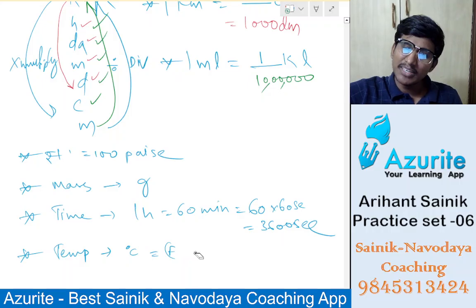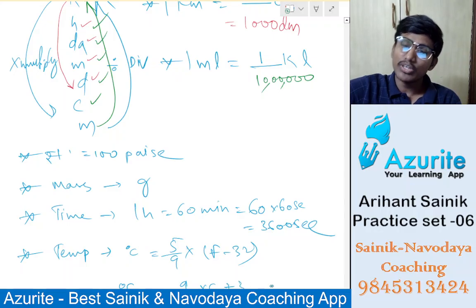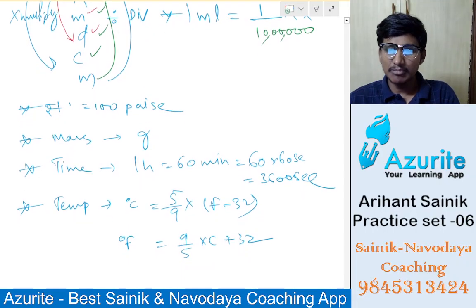You multiply 5 by 9 at the start. So 5 by 9 into Fahrenheit minus 32. If you want to find Fahrenheit, what do you have to do? 9 by 5 into Celsius plus 32. Understood? That is the temperature.